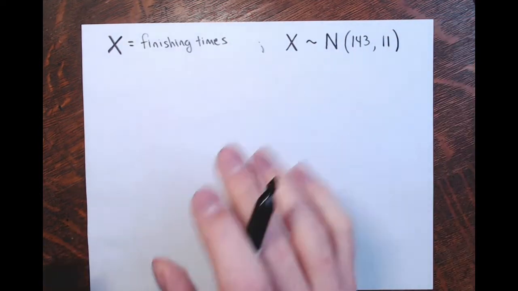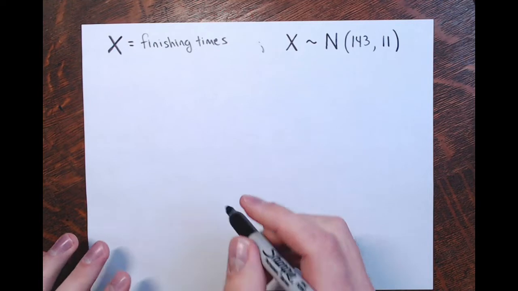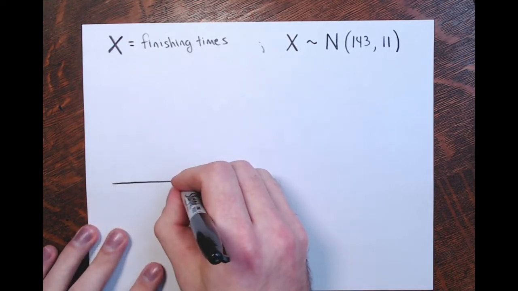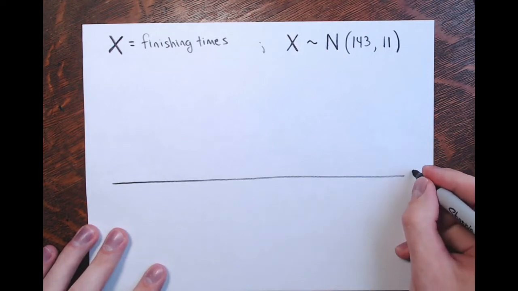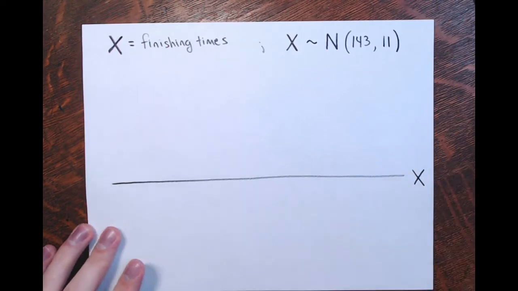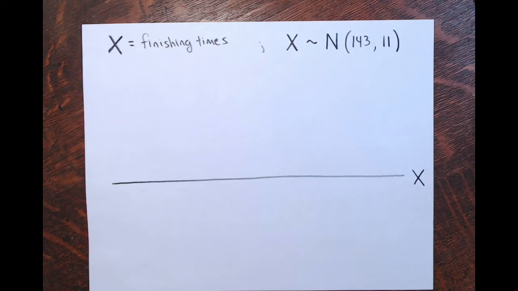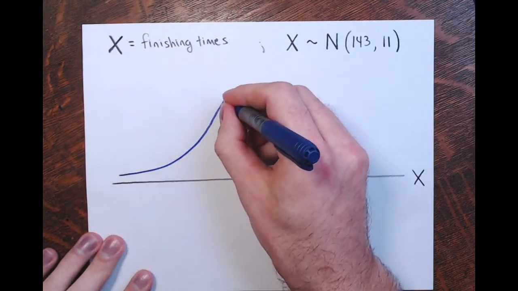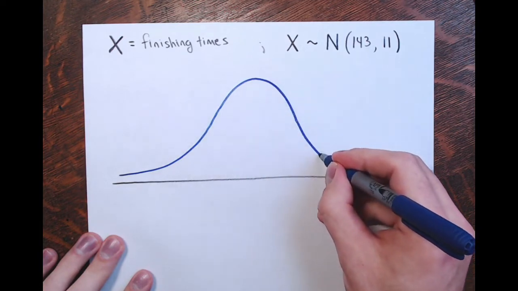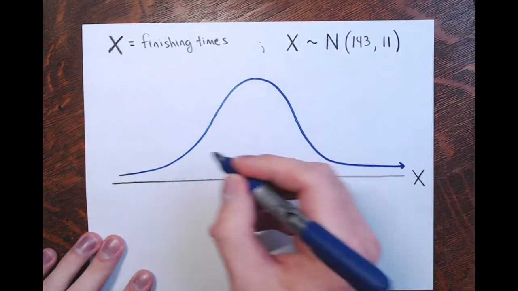Now that I've got this information, I'll draw a probability density curve. Here's a number line representing different possible finishing times, and above this I'll make this symmetrical bell shape. It's normally distributed, and goes that way forever, that way forever.